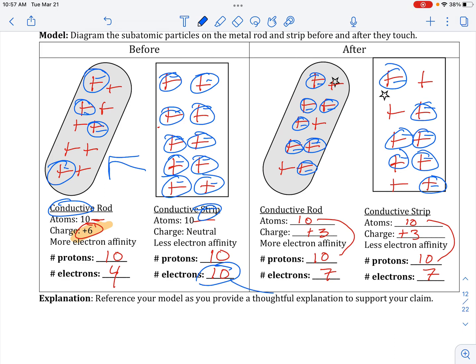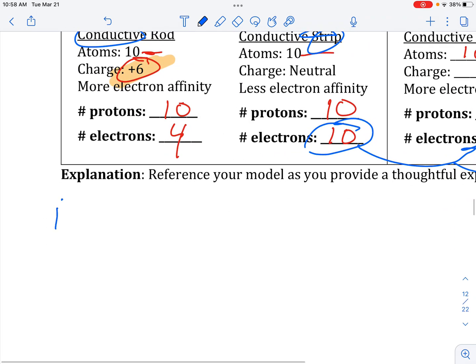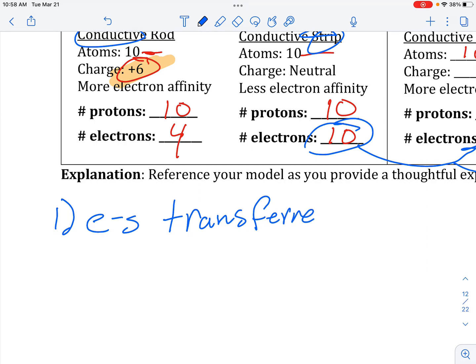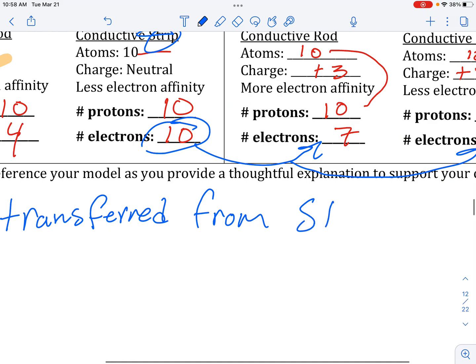So 3 of them went to the rod, and so we're left with 7. So the electrons transferred from the strip to the rod.